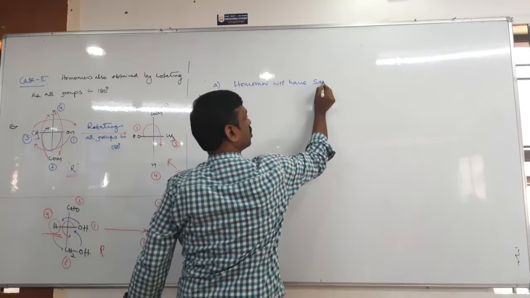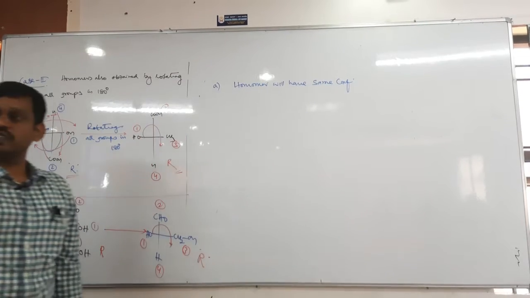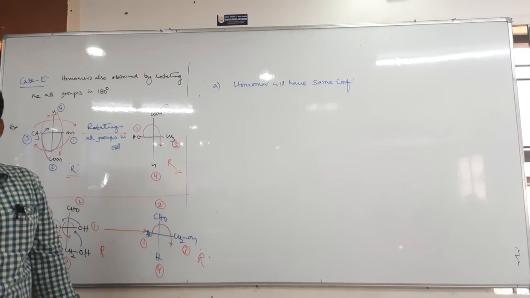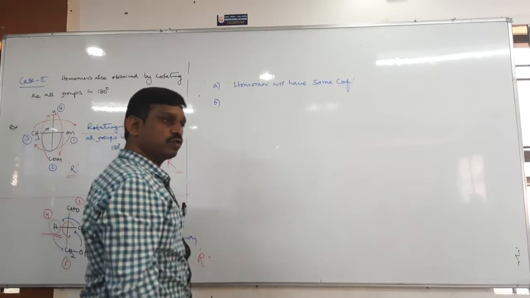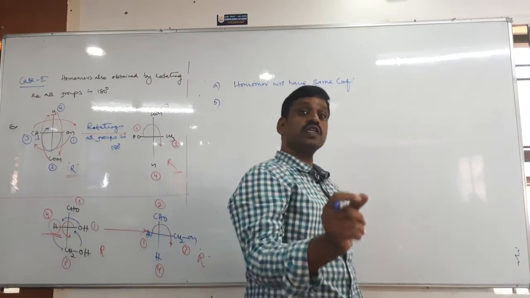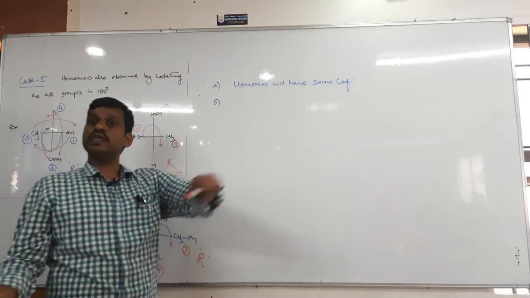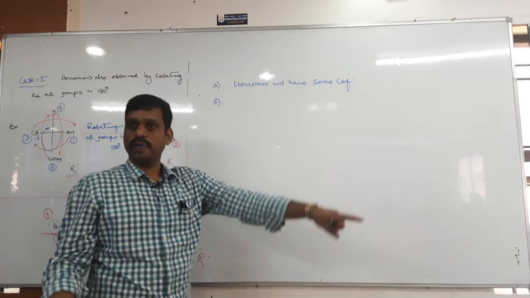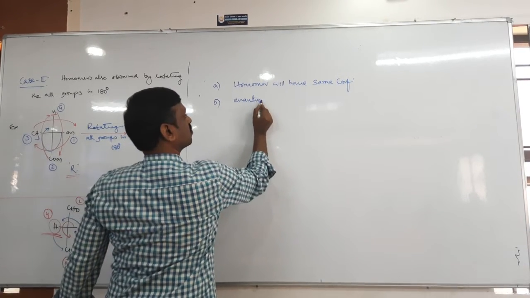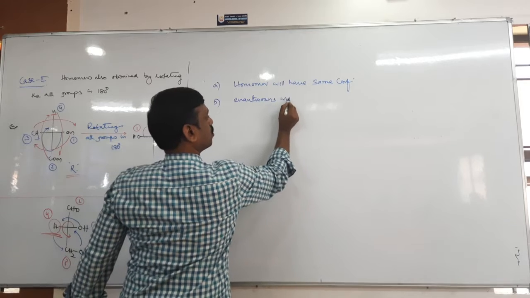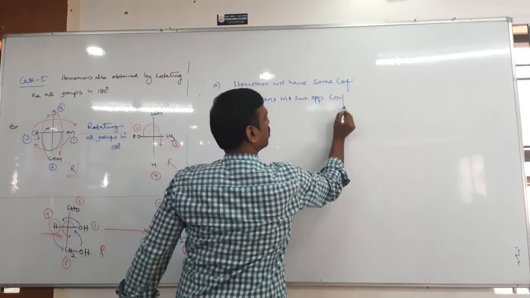Same configuration. Homomers will have the same configuration. 2, B: what about enantiomers? Enantiomers will have opposite configuration. If one enantiomer is R, the other must be S. Right? Enantiomers will have opposite configuration.